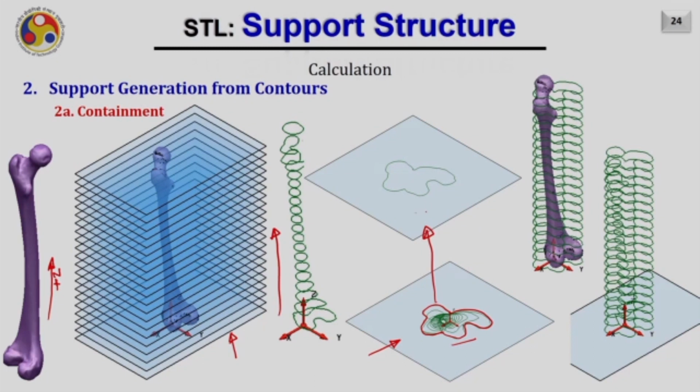Now this big contour, which is nothing but the bounding area of this bone, is projected upward like this. And each time a subtractive Boolean operation occurs between this big contour and these small contours. So for example, let me consider a particular case, maybe here. The big contour will look something like this, and there will be a small contour inside.